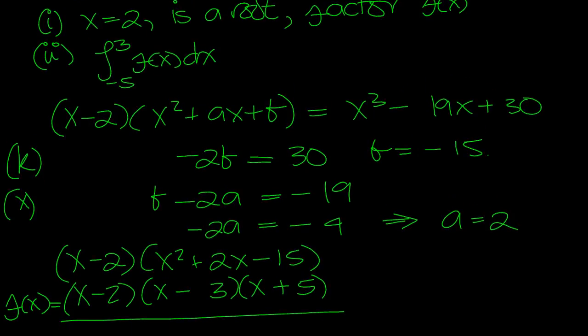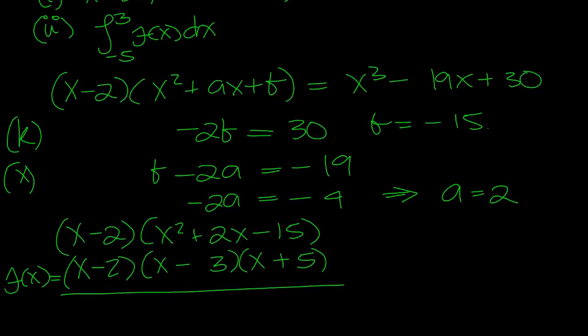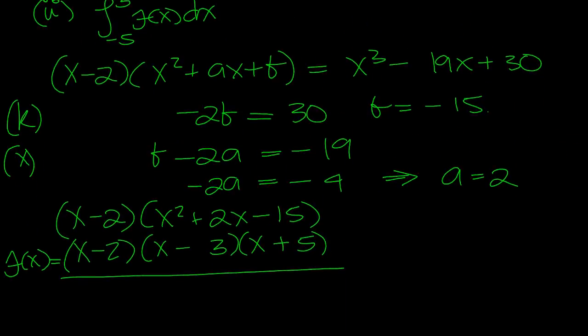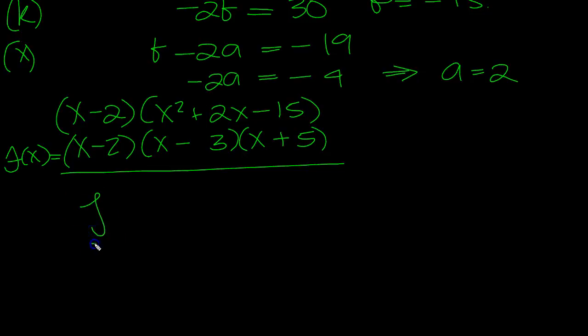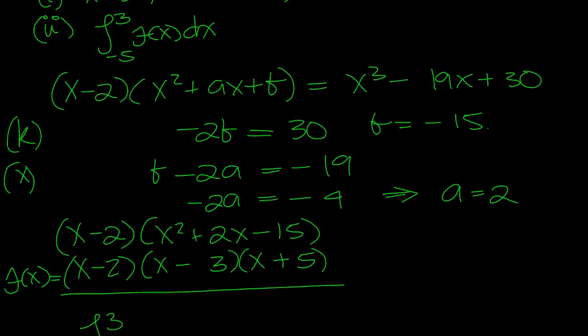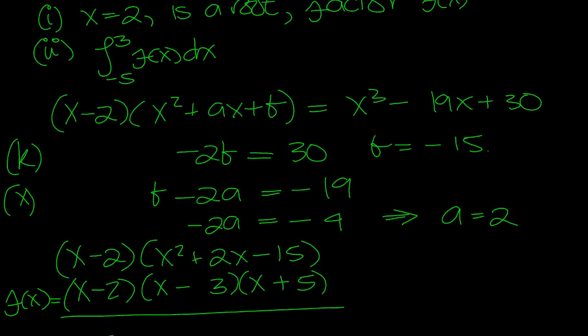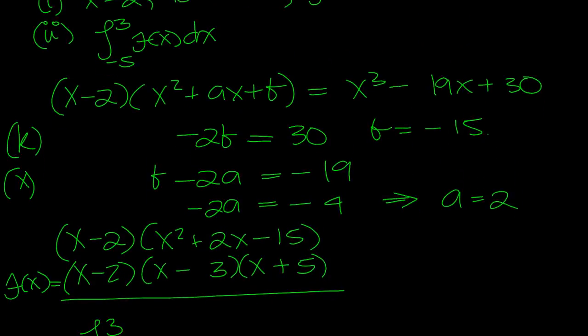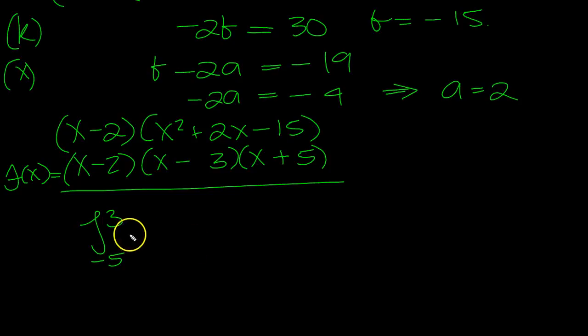So we want to work out the integral now between 3 and minus 5 of f(x), well, it was x cubed minus 19x plus 30.